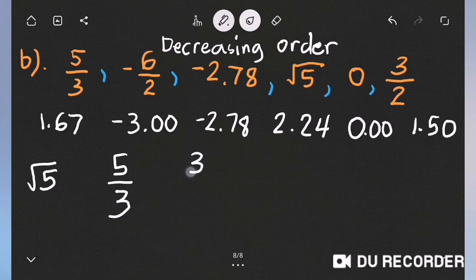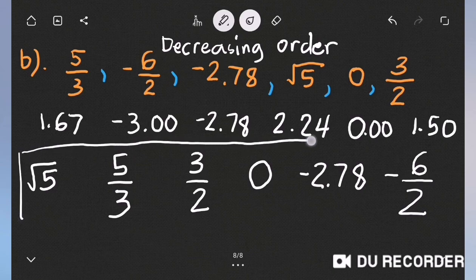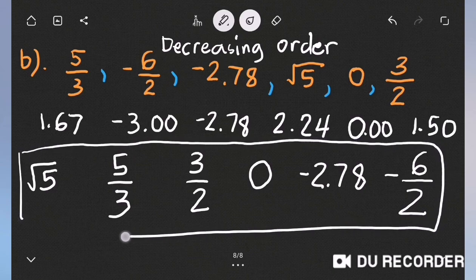We have 3 over 2. And then, followed by 0. Then, susunod ay negative 2.78. And lastly, we have negative 6 over 2. Okay, so that would be the arrangement of the numbers when we arrange them into decreasing order.